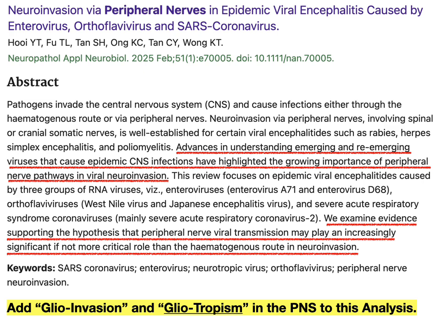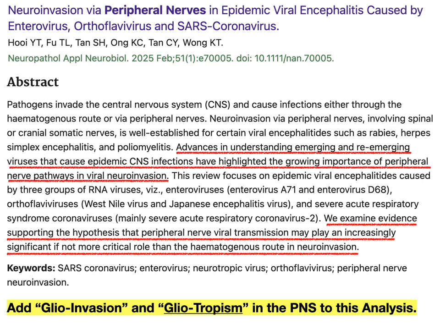Neuroinvasion via peripheral nerves involving spinal or cranial somatic nerves is well established for certain viral encephalitis, such as rabies, herpes simplex encephalitis, and poliomyelitis. Advances in understanding emerging and re-emerging viruses that cause epidemic CNS infections have highlighted the growing importance of peripheral nerve pathways in viral neuroinvasion.